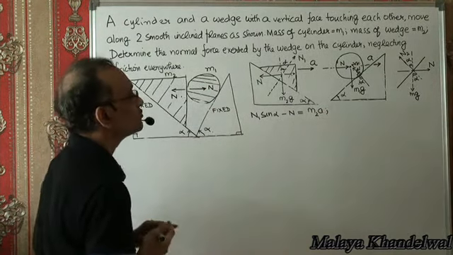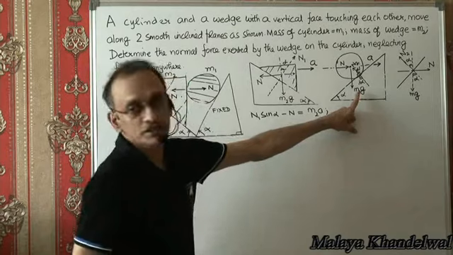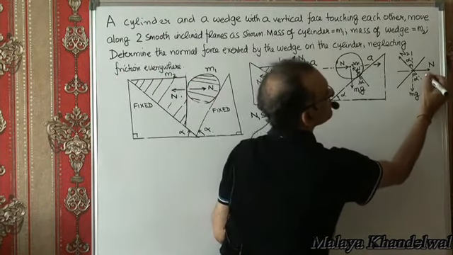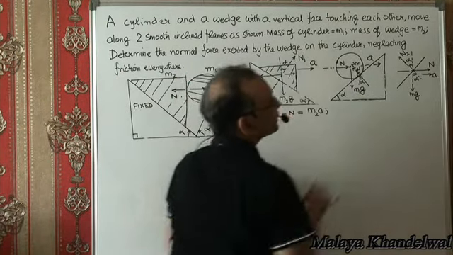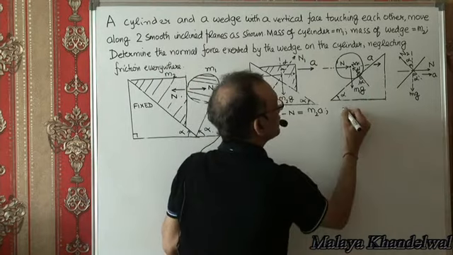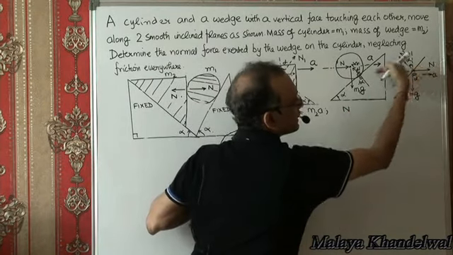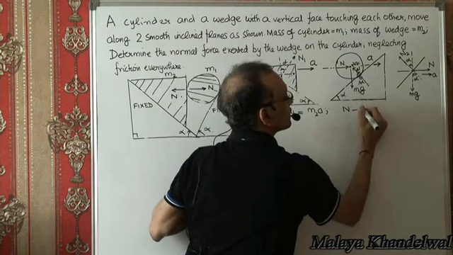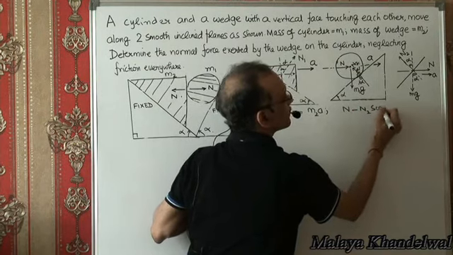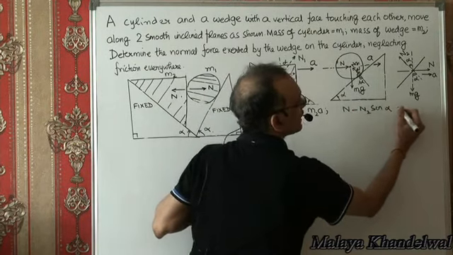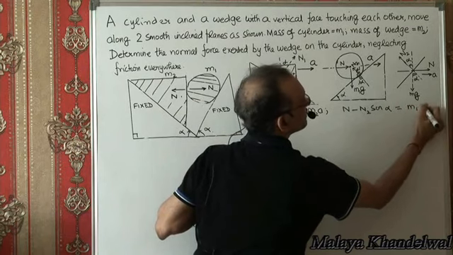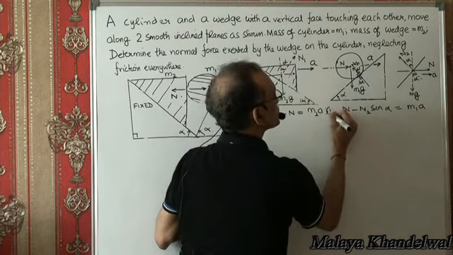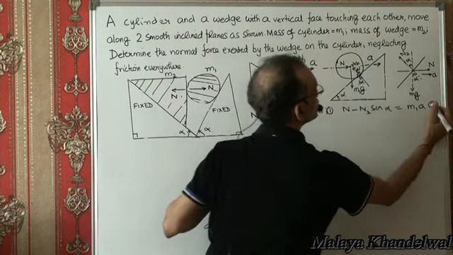And for the cylinder, what causes the acceleration A? Here we have N minus N2 sine alpha equals m1A. So let me call this equation 1, let me call this equation 2.